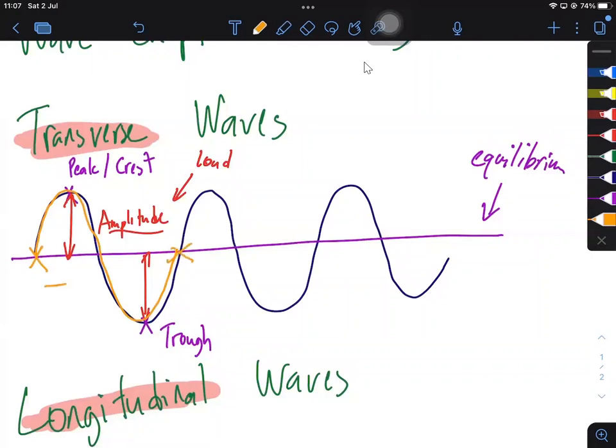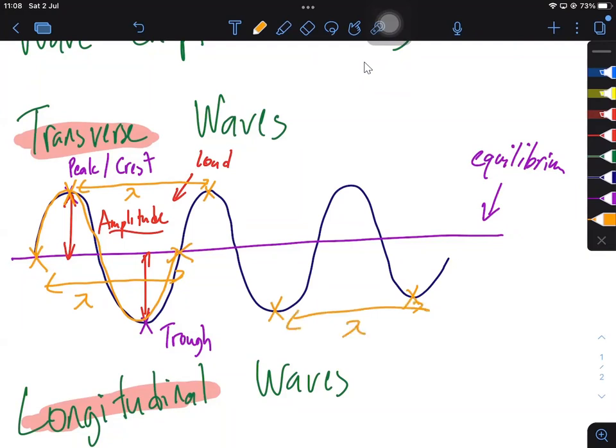This here is considered one wavelength, which is represented by lambda. It doesn't matter if you start from the equilibrium position, as long as you end back at the equilibrium position, it is the wavelength. It can also be from the peak to the peak, meaning here to here is also one wavelength, or from the trough to the trough. Here to here is also considered one wavelength.